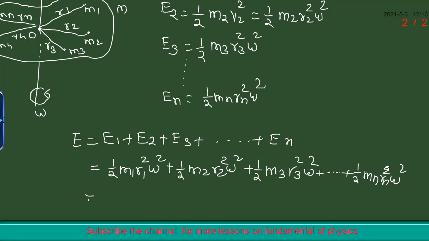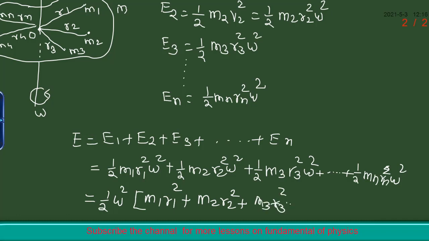Now taking the common terms outside, 1 half omega square is a common constant term. Inside the bracket: m1 into r1 square, m2 into r2 square, m3 into r3 square plus, last, mn into rn square.